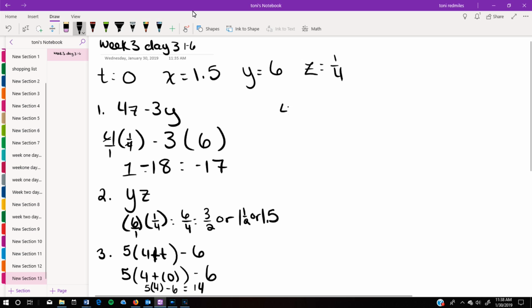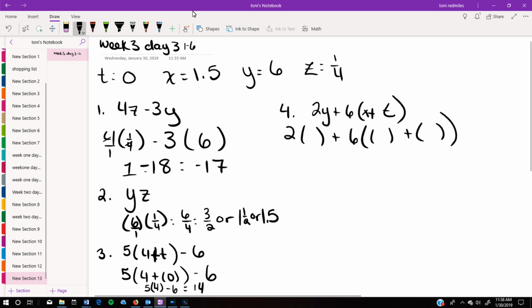All right, number 4. Number 4 is a long one too. All right, so I need to replace the y. I need to evaluate the x. And yes, that's a t.